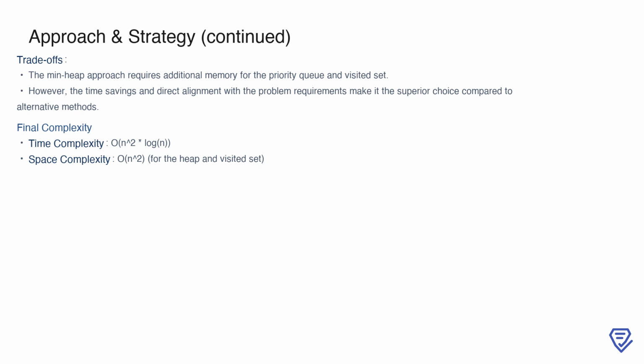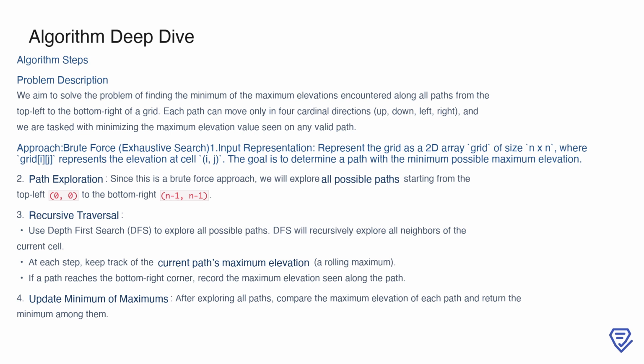In terms of complexity, the time complexity is n squared * log n, driven by the heap operations and the grid traversal, while the space complexity is n squared, due to the heap and visited set. Overall, this approach strikes a balance between efficiency and resource usage, making it the superior choice among the alternatives for tackling this problem effectively.